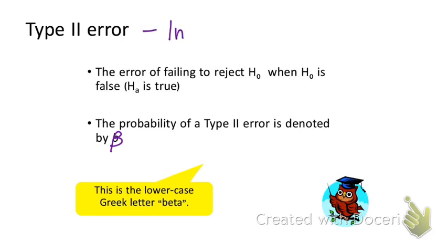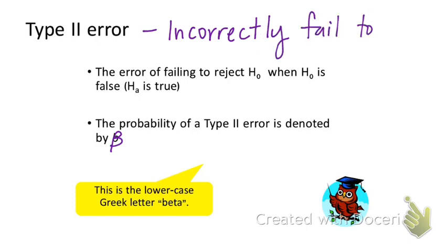Type 2 is when you incorrectly fail to reject.